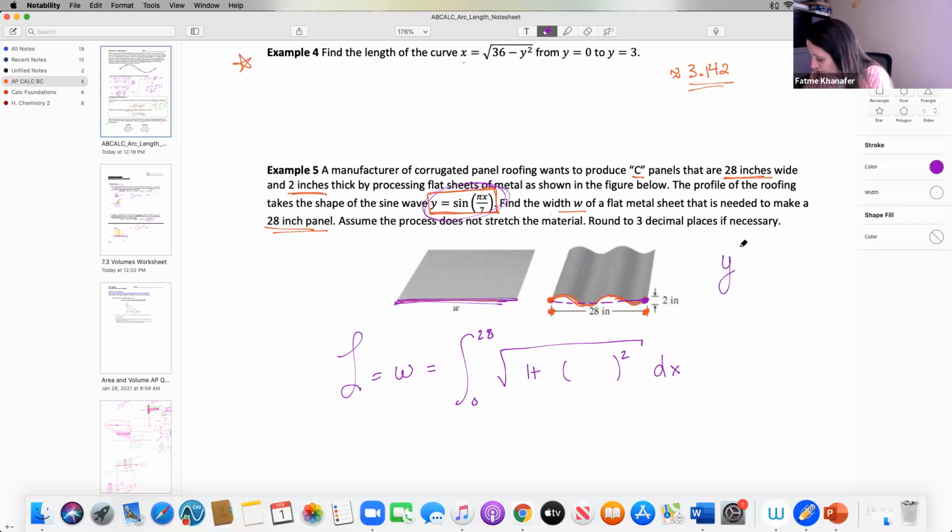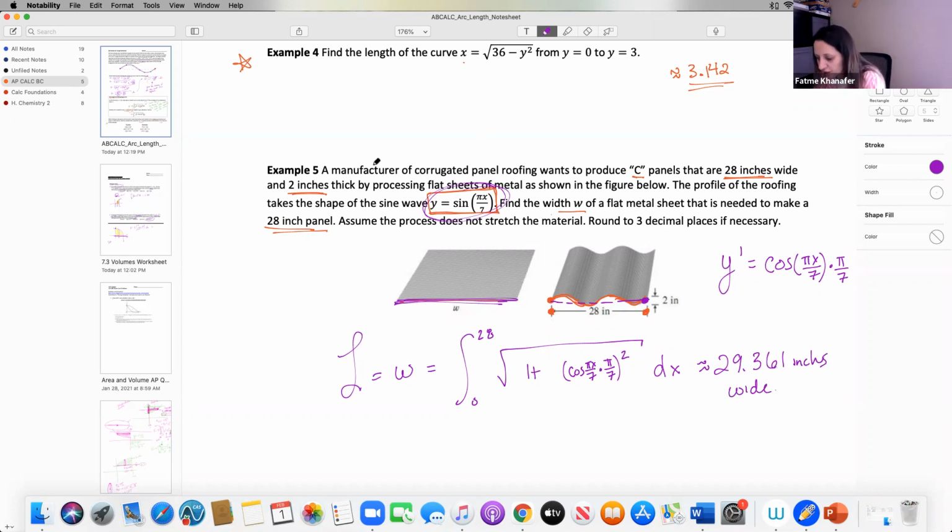So we got to figure out what y prime is, and of course the derivative of sine of something is going to be cosine of that something times the derivative of that stuff, which is pi over 7. So we're going to plug that in, cosine of pi x over 7 times pi over 7 squared. Put that into the calculator, and we end up with 29.361 inches wide.